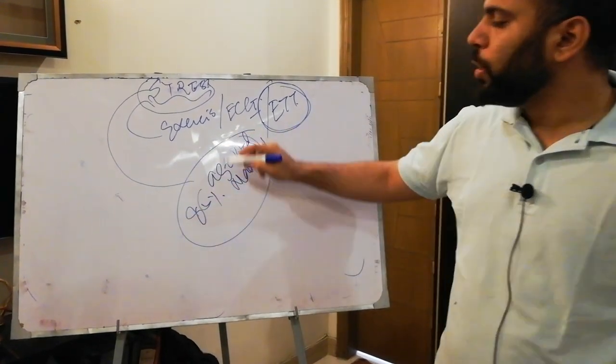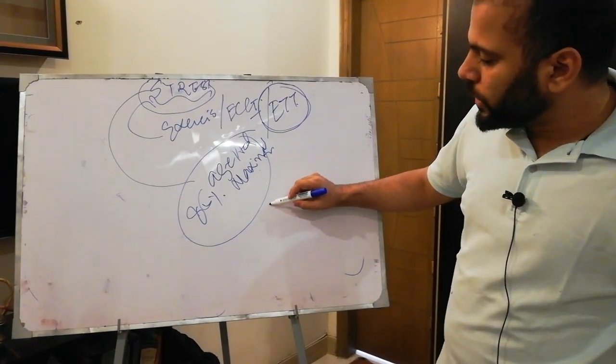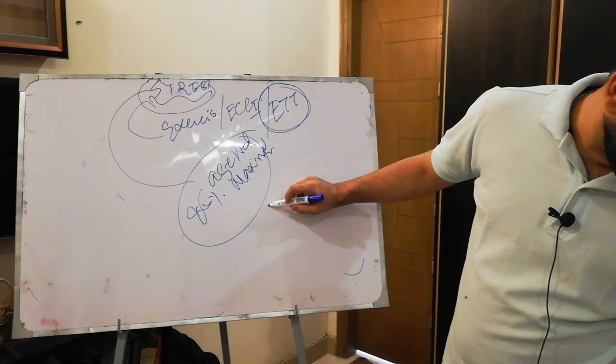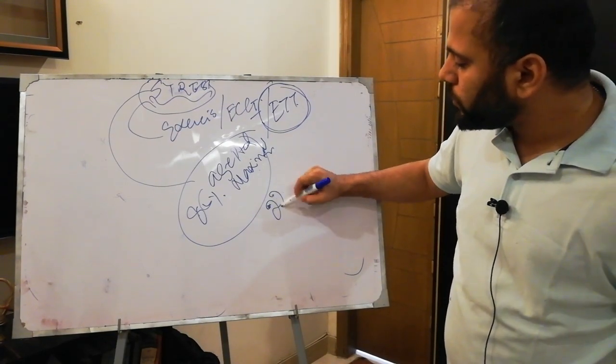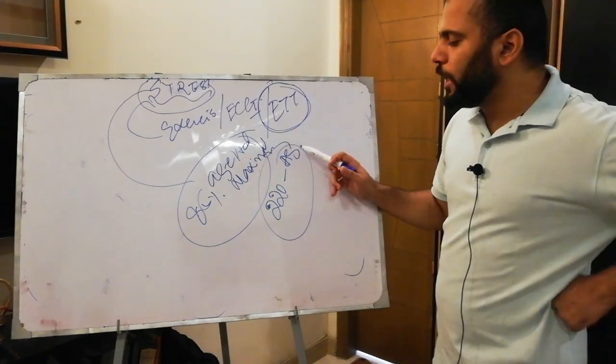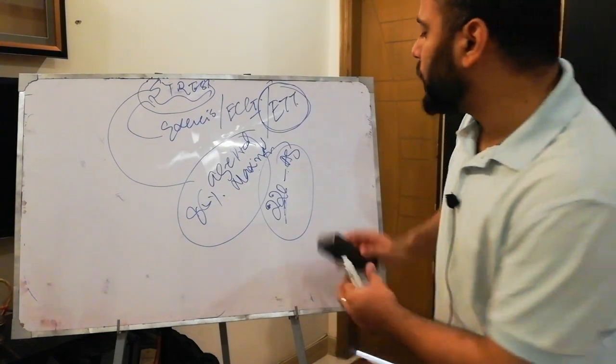How would you calculate the age predicted maximal heart rate? You would subtract your age from 220, and you get the age predicted maximal heart rate.